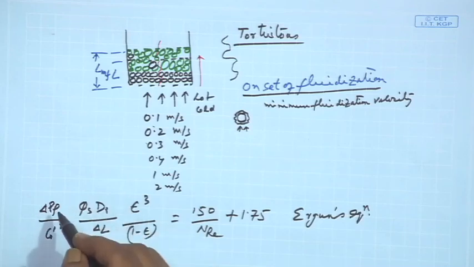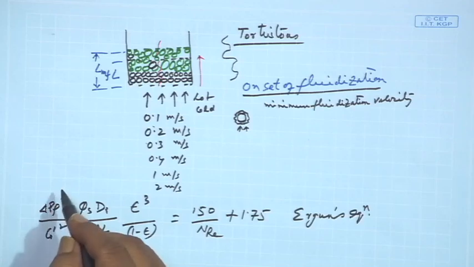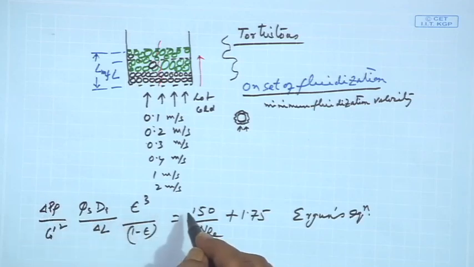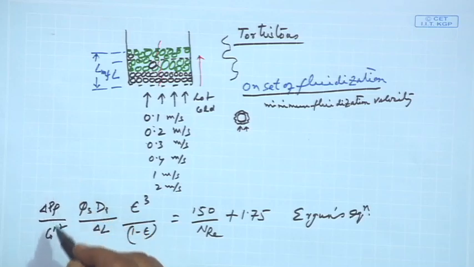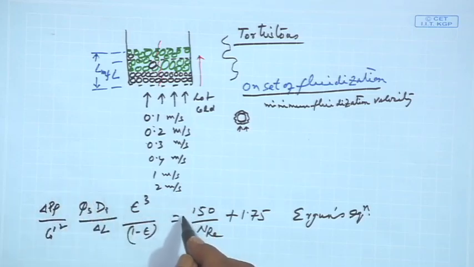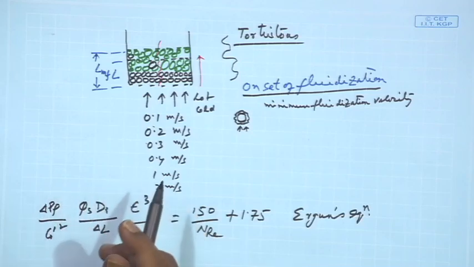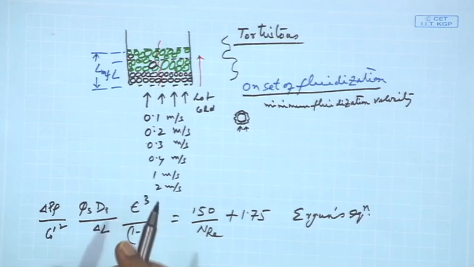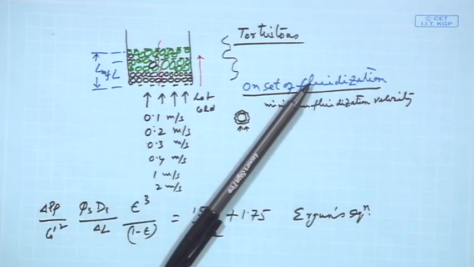If delta P is increasing, this rho goes there, and this V goes there. So, as V prime is increasing, delta P is also increasing, right. So, when velocity increases, the pressure drop also increases, this is true.